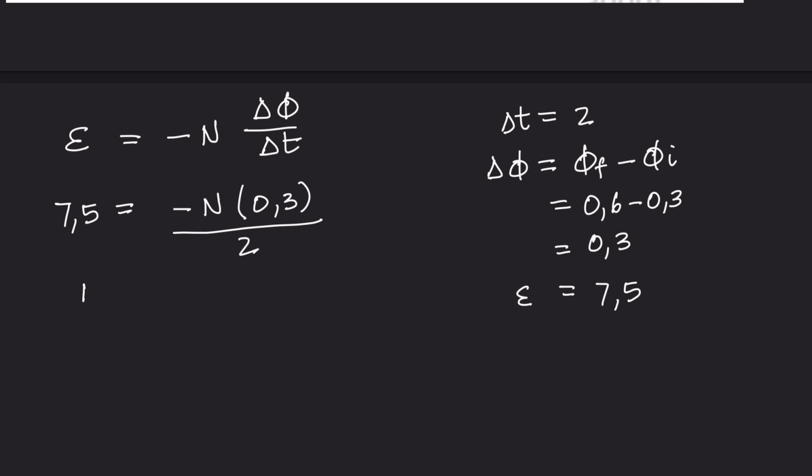Now if we solve for N, we're going to get an answer of negative 50. But we obviously can't have negative 50 turns. So in that case, we'll say therefore N is equal to 50. So there should be 50 turns.